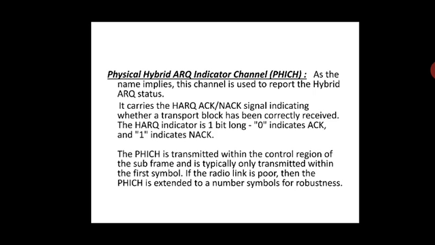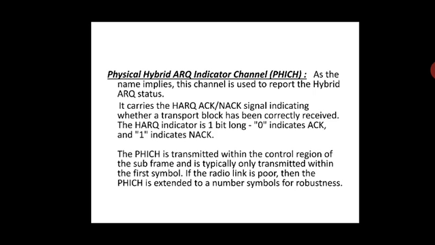And the next physical channel is PHICH, the physical hybrid ARQ indicator channel. As the name implies, this channel is used to report the hybrid automatic repeat request status, for acknowledgement or non-acknowledgement.